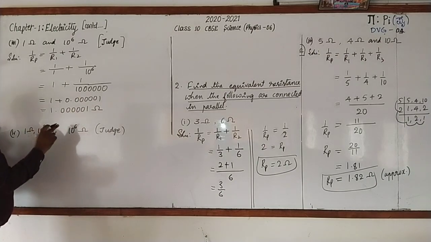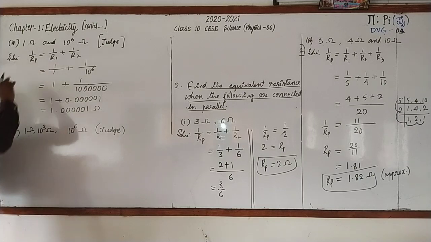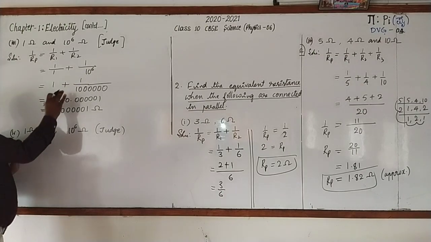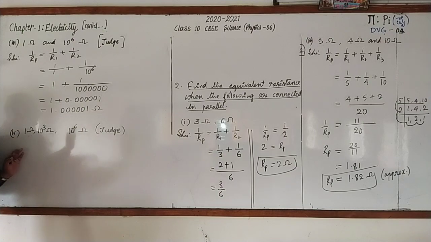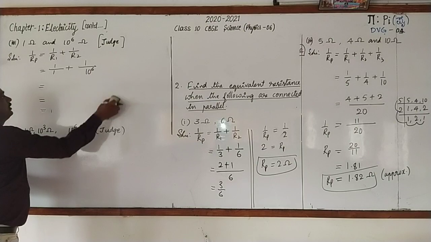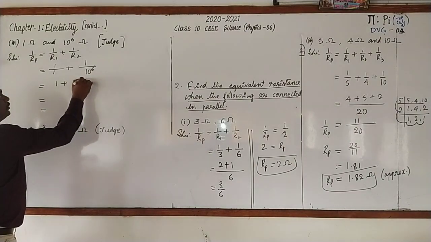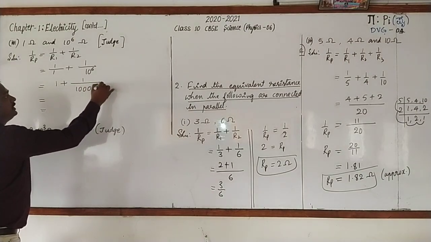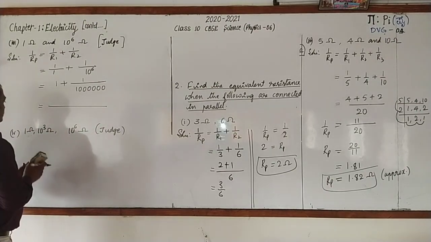Got it? But see that here they have asked you to find just Rp, and what we have done is just add. Hence it is better to simplify by taking the LCM. Now observe here. I will write the same: 1 by 1 as it is plus 1 by 10 raised to the power 6, 1 after 6 zeros. Now let us take the LCM.